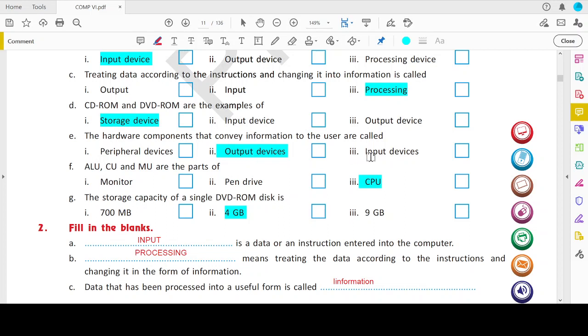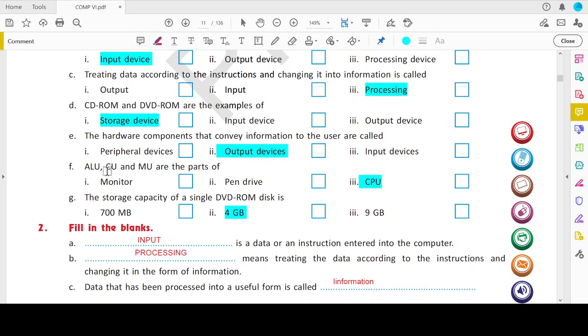Input devices take input from the user. They do not convey information, but the information is conveyed after it is processed. After it is processed, it is conveyed through the output devices like the monitor and the printer or the speaker, right? So it will be output devices.